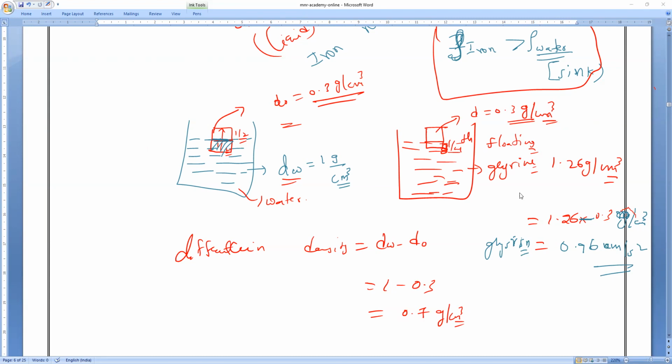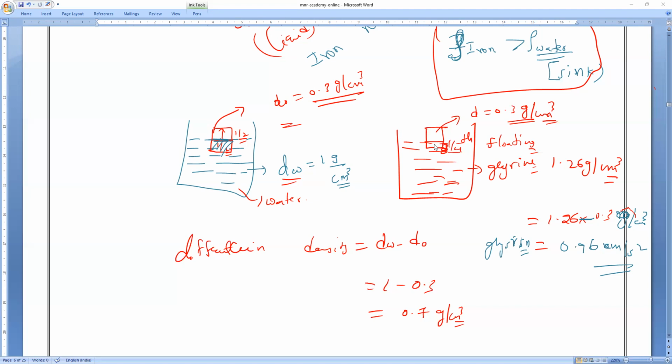In both cases, it is floating. But here, half of the portion is immersed in the liquid, and here only 1/4 is immersed.